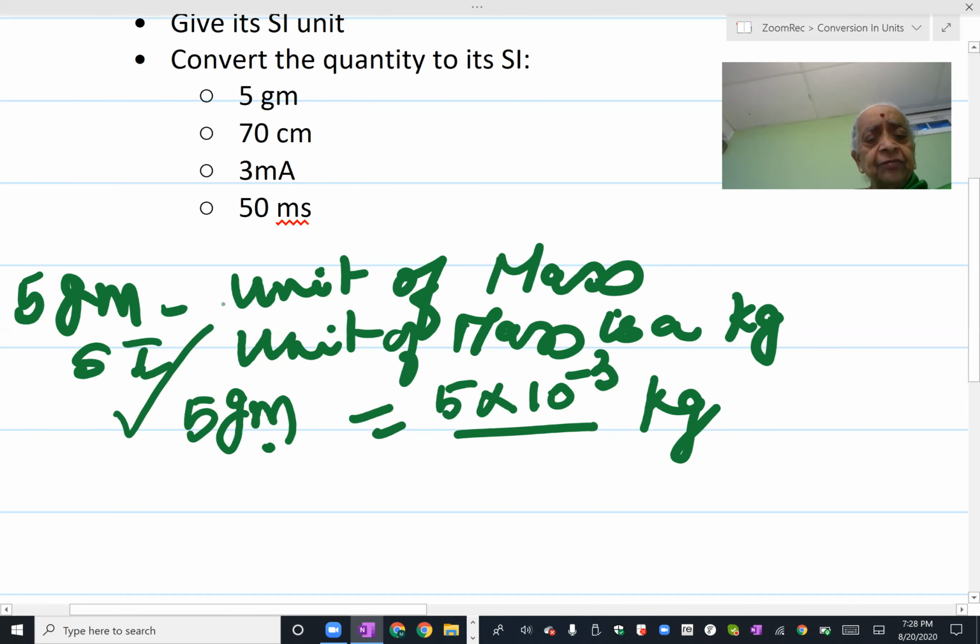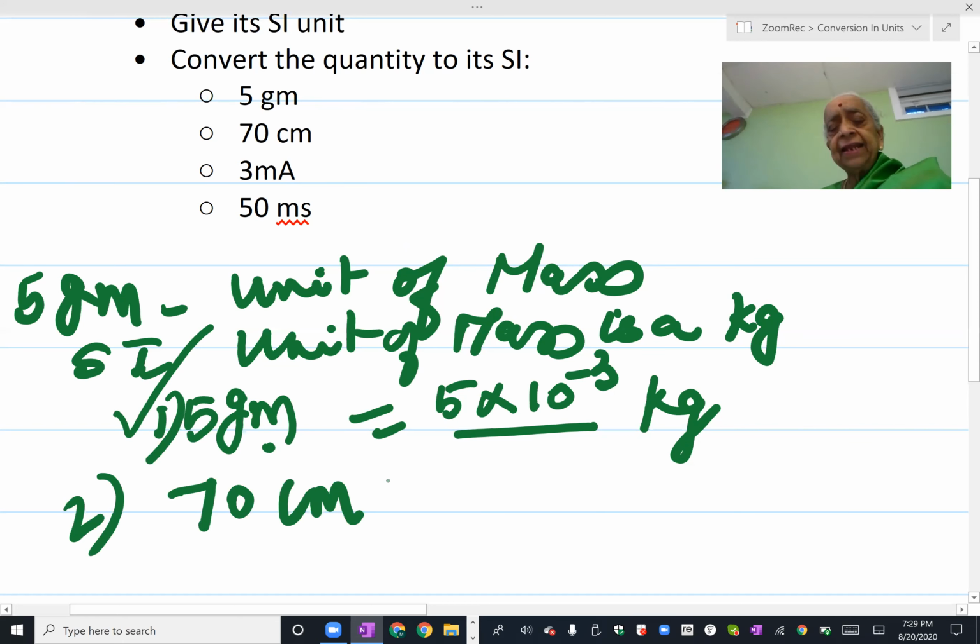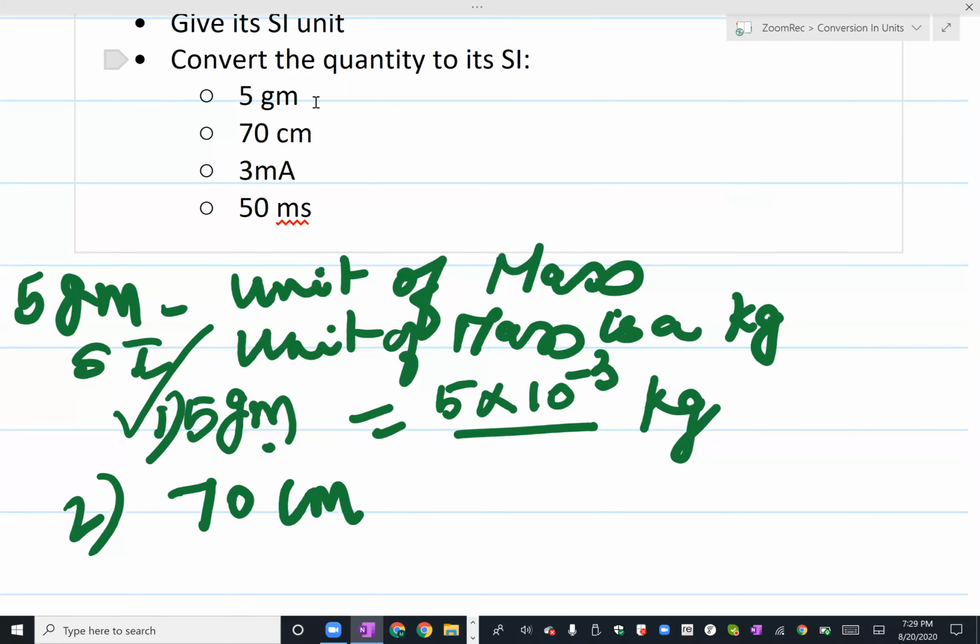The second problem is talking about 70 centimeter. As the name indicates, centimeter is a unit of length. So 70 centimeter will be a length.